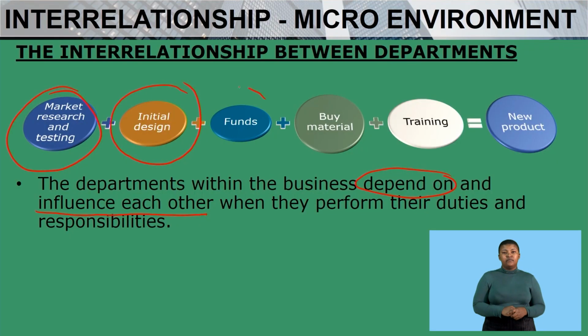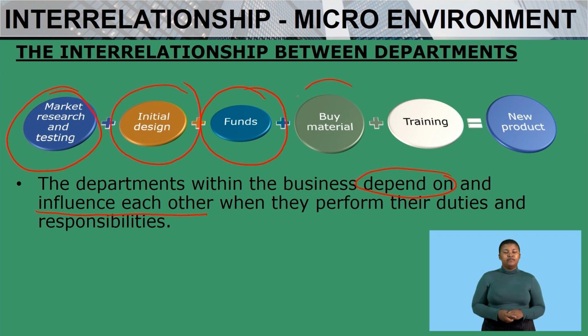They will then give the information, as I said earlier, to the production department, which will then make an initial design of the product. Then they will ask the financial department to gain enough funds or to budget for them to produce this specific product.